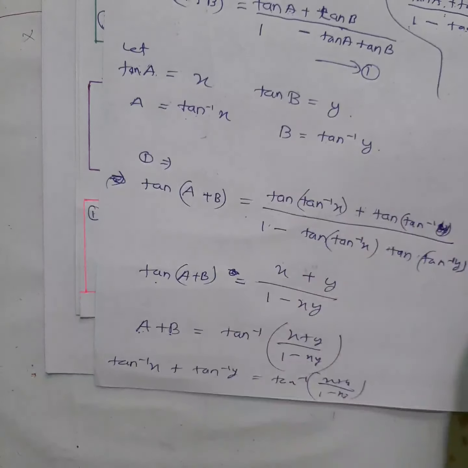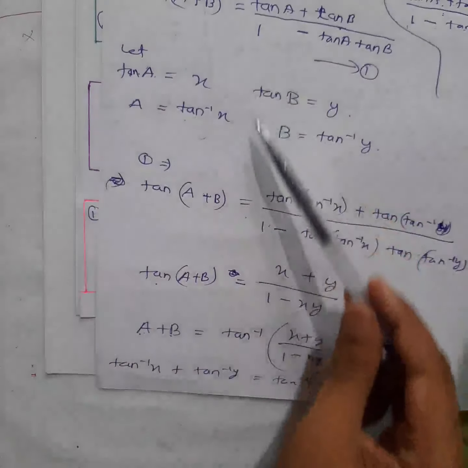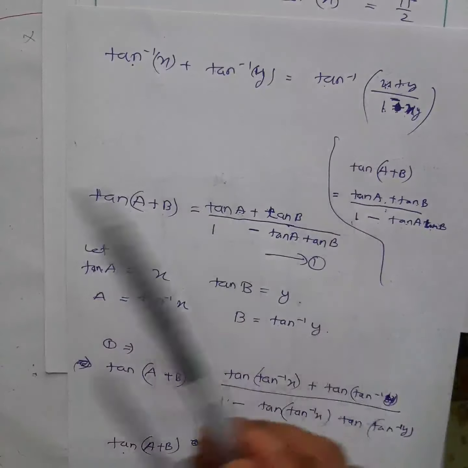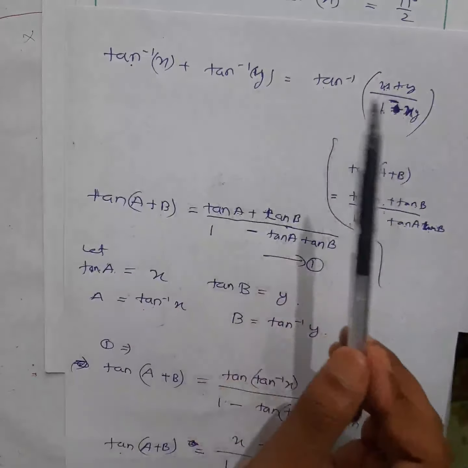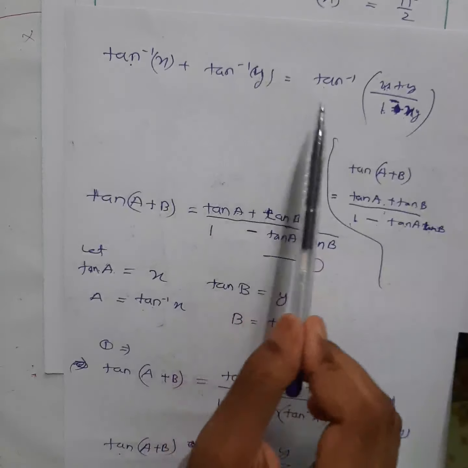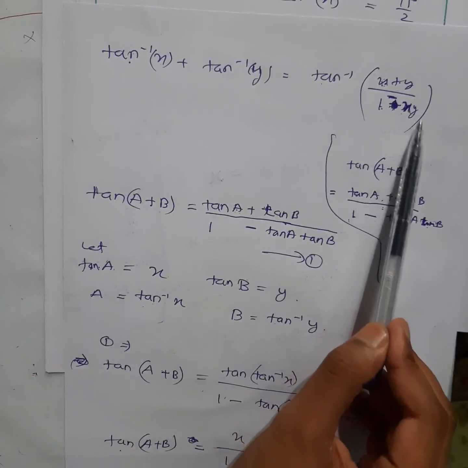Now the reason I am showing the derivation is, if you forgot the formula, you can derive it yourself. And moreover, when you practice derivation, it's much easier to remember the formula. Otherwise, most of you will keep getting confused when you solve exercises. So tan inverse x plus tan inverse y is always equal to tan inverse of x plus y by 1 minus xy.